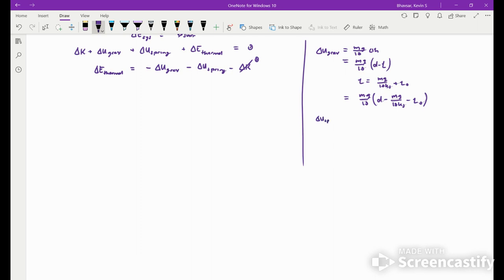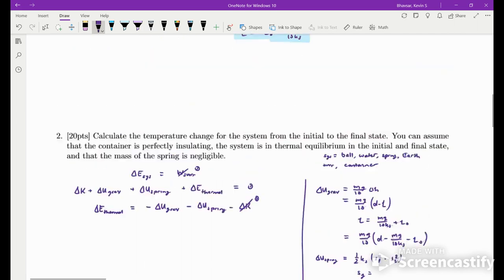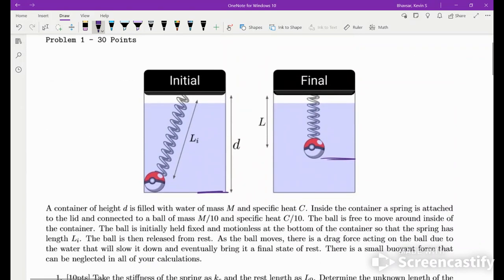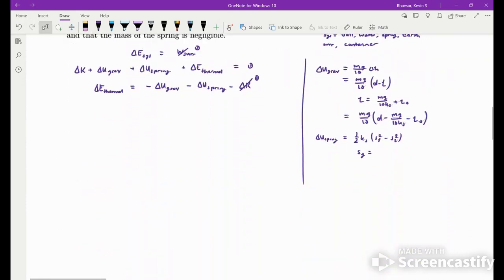Spring potential is given by 1/2 k times the change in the compression, so s final squared minus s initial squared. We can say that s final is equal to the stretched length, so L minus the relaxed length L naught. Once again, L can be substituted, so this is mg over 10 ks plus L naught minus L naught.